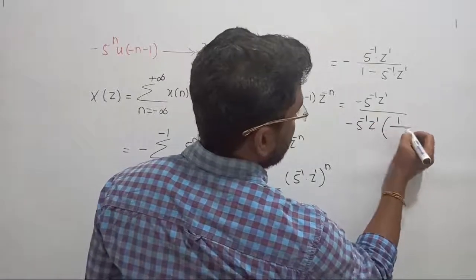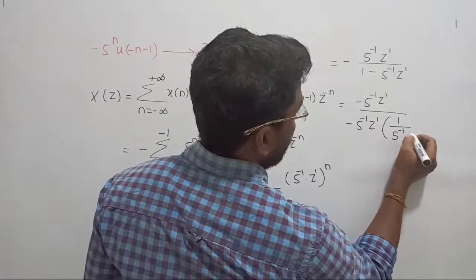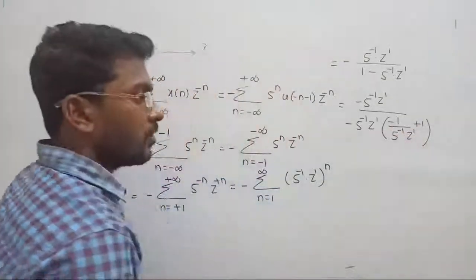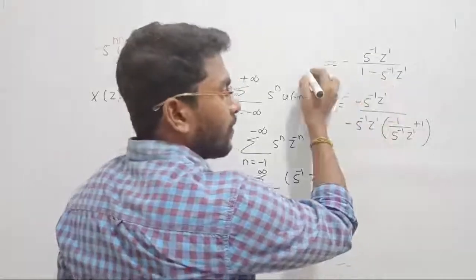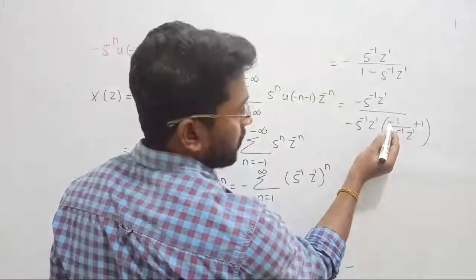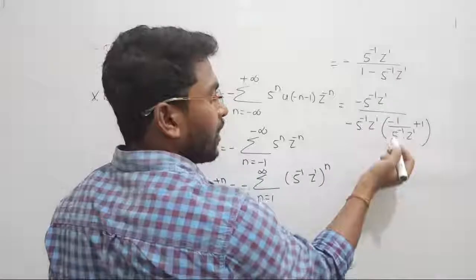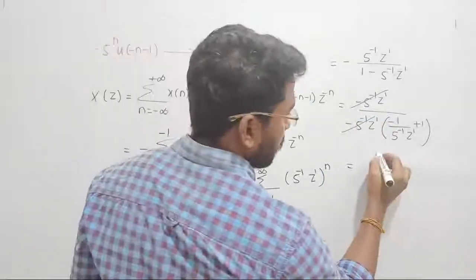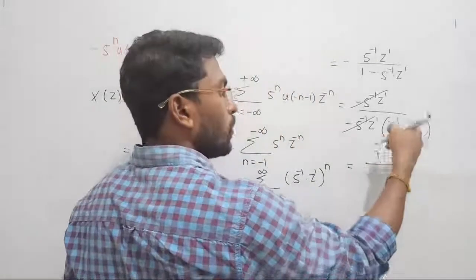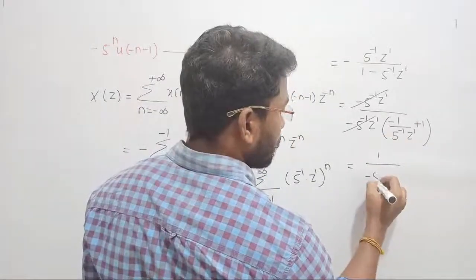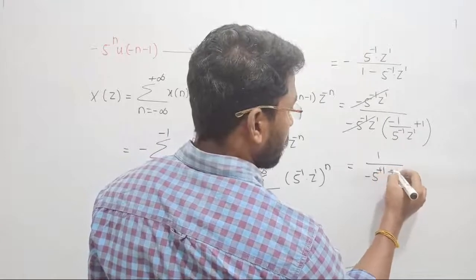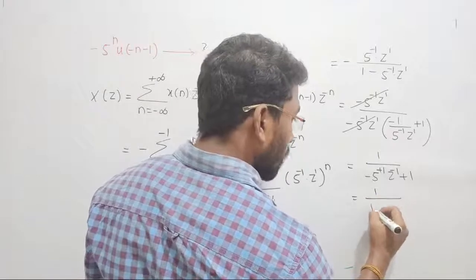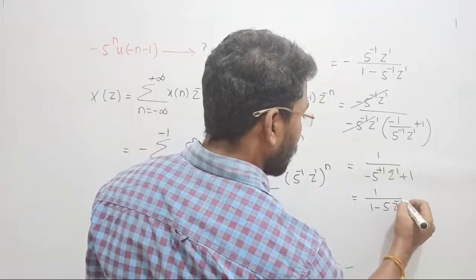In the bracket this becomes 1 upon 5 power minus 1 dot z power 1, minus, since we took it outside. Anyway, these two are going to cancel each other, so the answer is going to be 1 upon... now you can bring these two to the numerator. So it has become minus 5 power plus 1 dot z power minus 1 plus 1. Now this function can be rewritten as 1 upon 1 minus 5 dot z power minus 1.